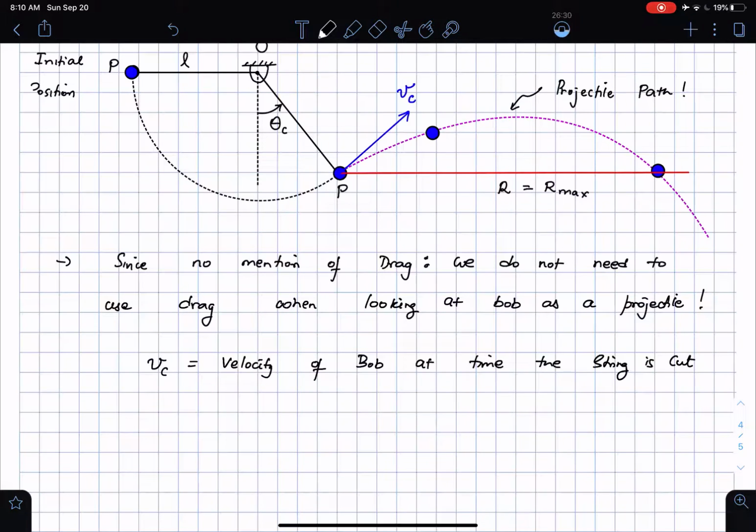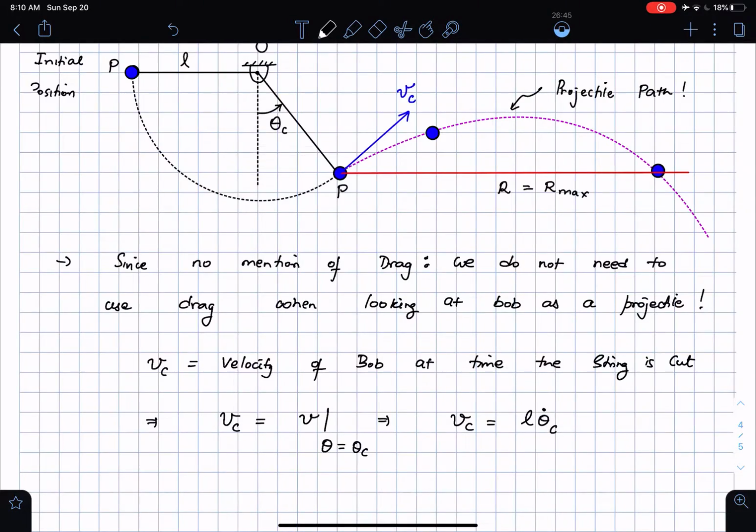Which means that vc is the velocity at theta equal to theta c, and so vc is equal to L times theta dot c.